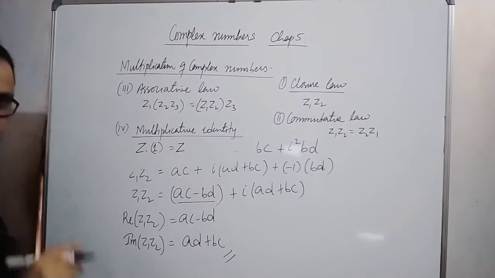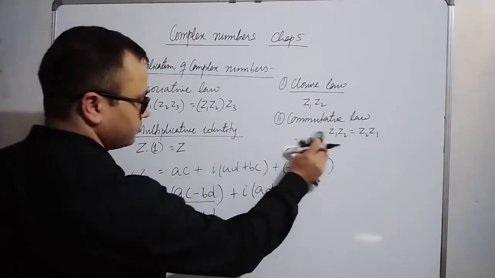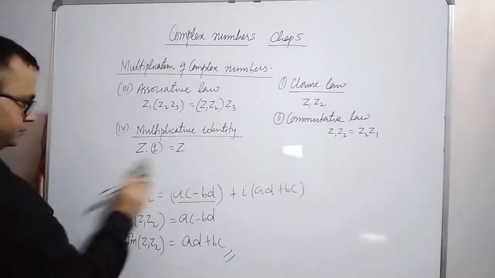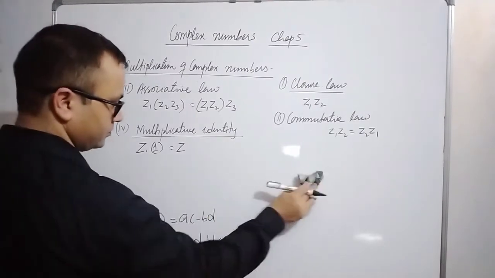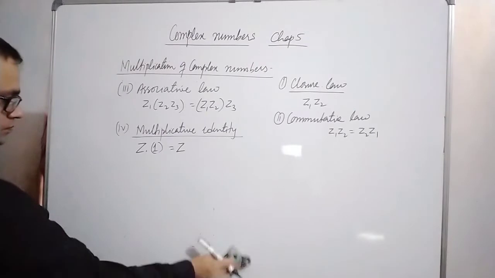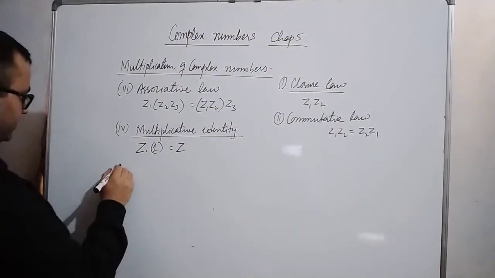Then number 5 is multiplicative inverse.